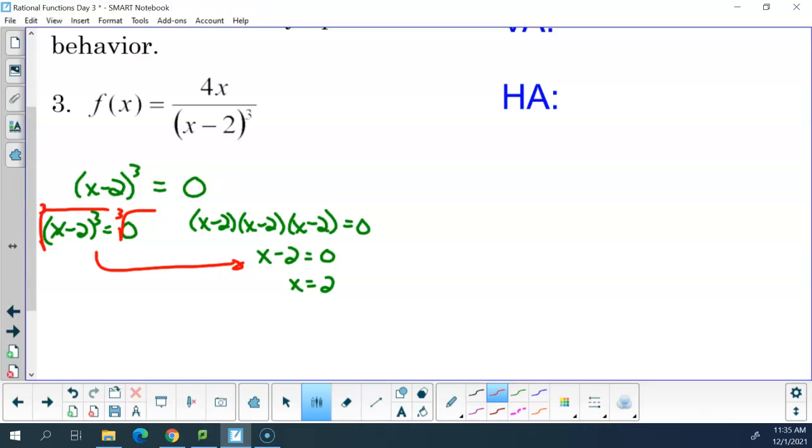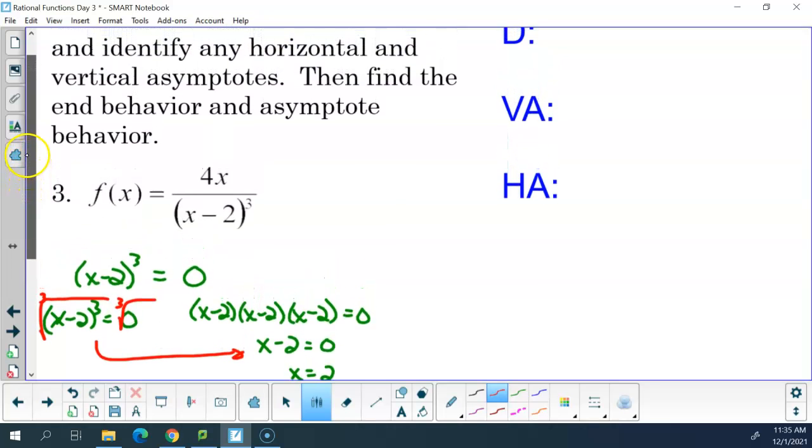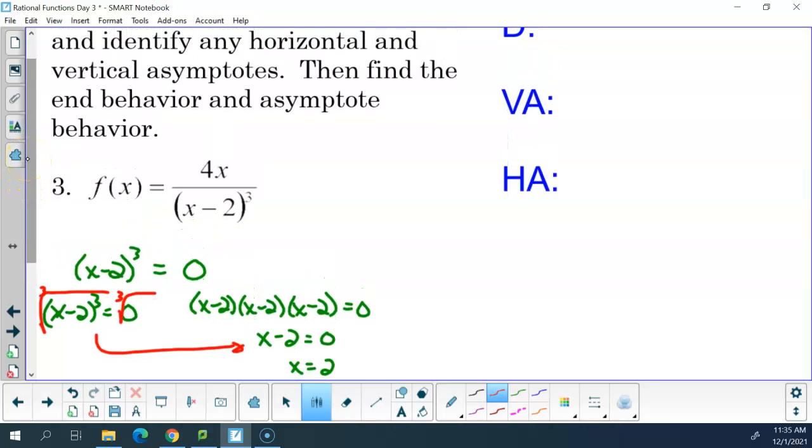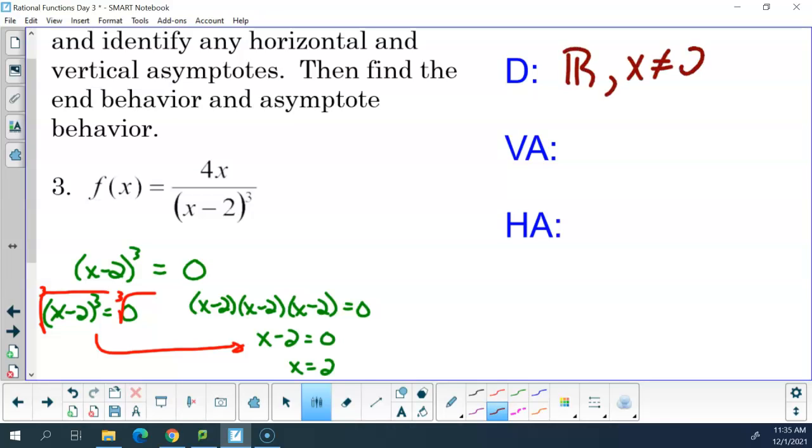So 2 is my restriction. Okay. So that would tell me then that my domain is all real numbers, but x cannot be 2. Which means my vertical asymptote is x equals 2.